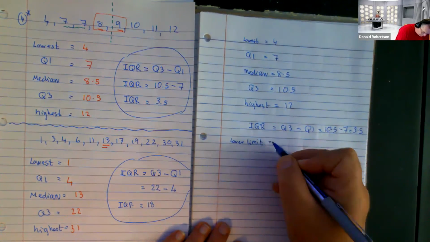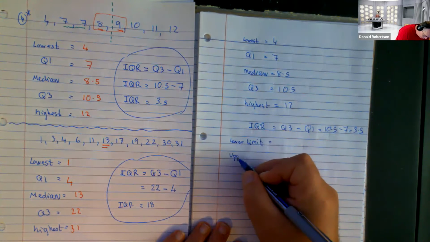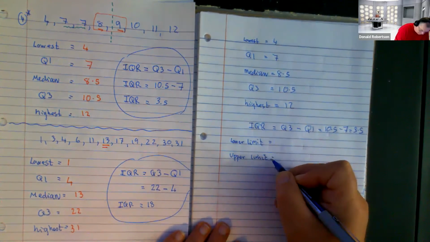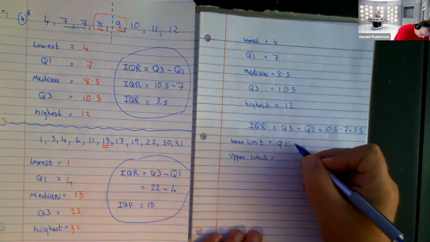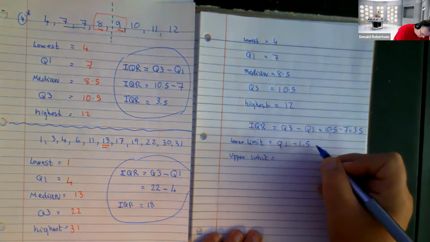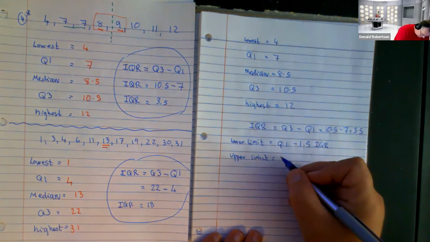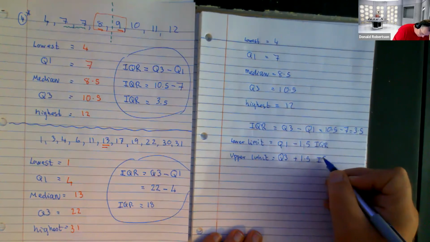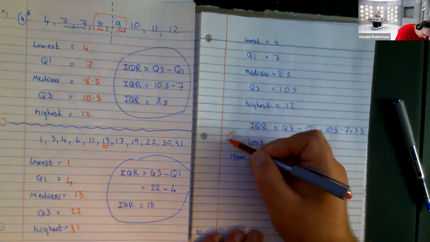In other textbooks, it's called the lower fence. And we calculate an upper limit, which in some textbooks is called the upper fence. The lower limit is Q1 take away 1.5 interquartile ranges. And the upper limit is Q3 add 1.5 interquartile ranges. Put a little bubble around that.